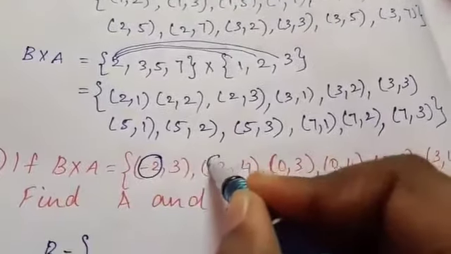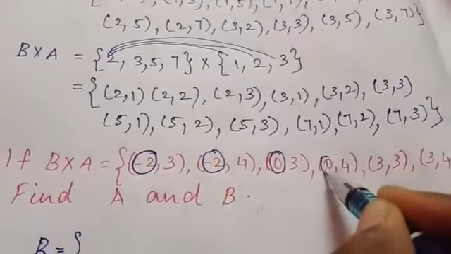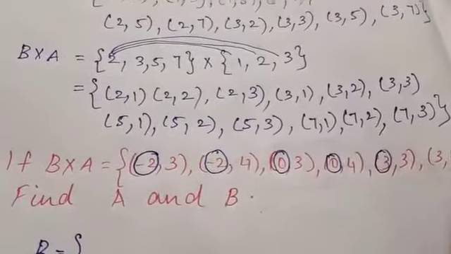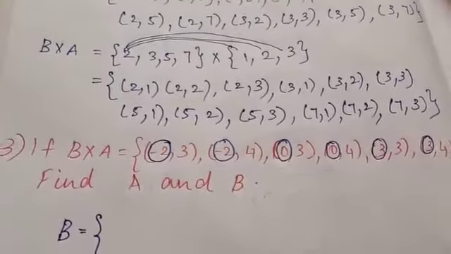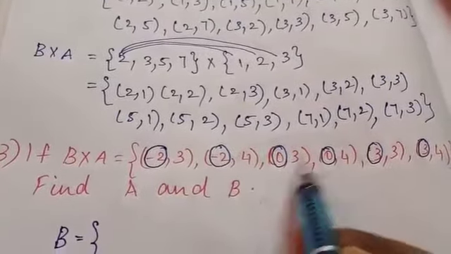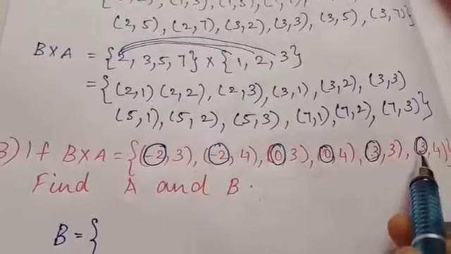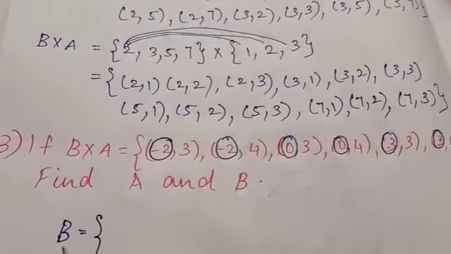I'm circling the first element of every ordered pair. So here the first set is B.